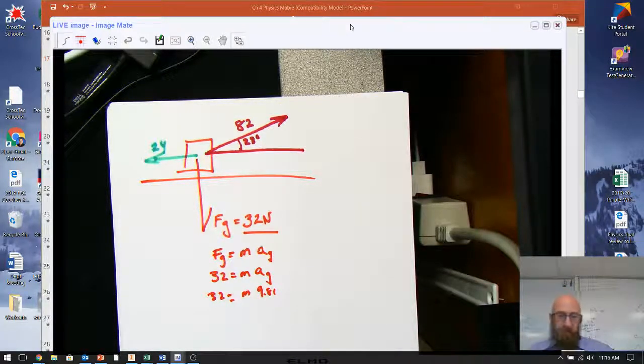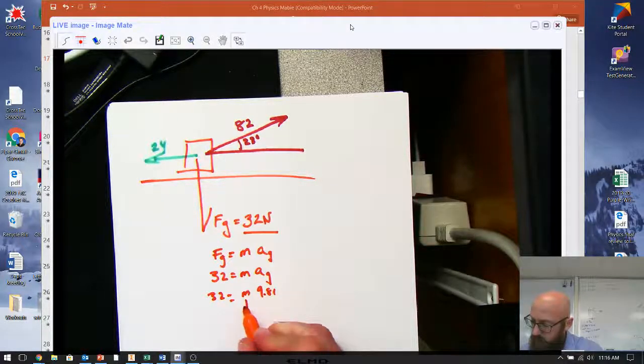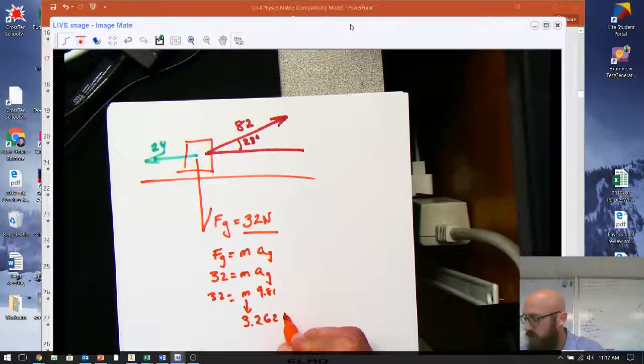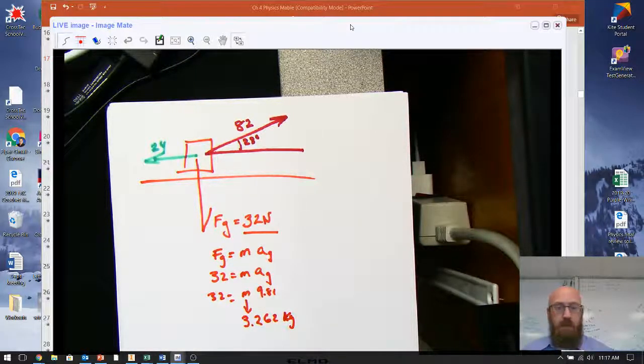Grab the calculator. 32 divided by 9.81, we have a mass of 3.262 kilograms. Fairly light crate. So we've got the first part.